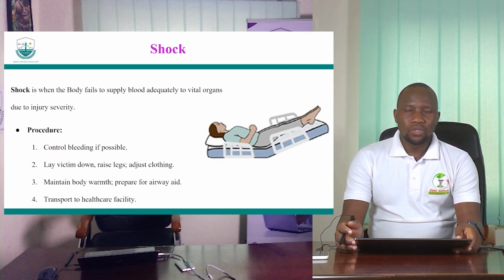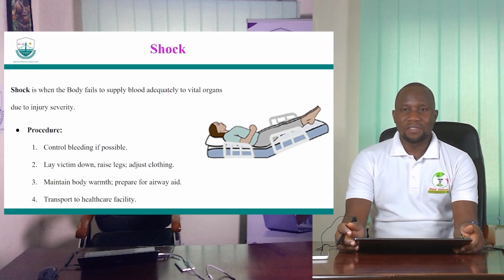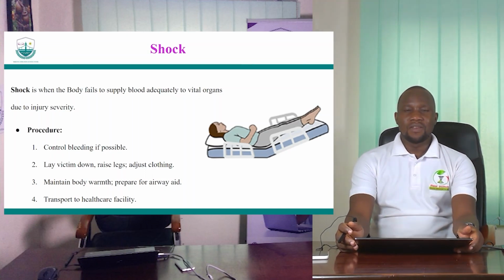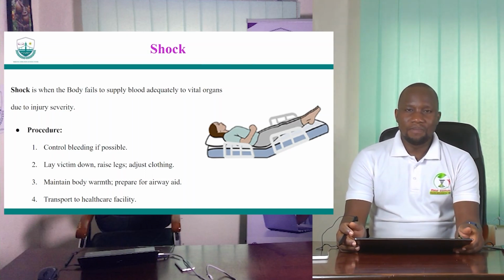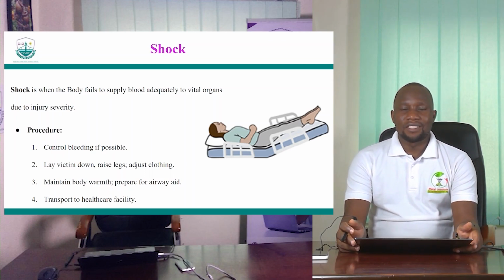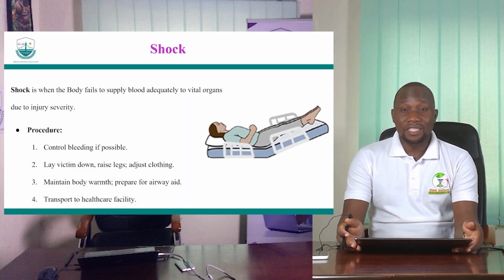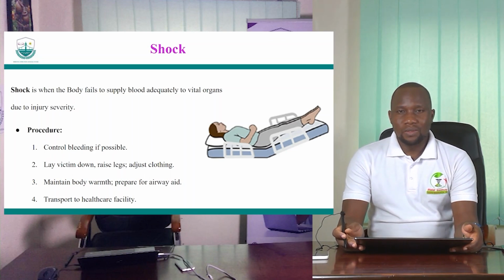We come to shock. Shock is actually dangerous. If we have a patient or a victim of shock, it means that we need to act very fast, such that they can actually recover. If you don't act fast, we might lose them. So shock is caused by many factors.